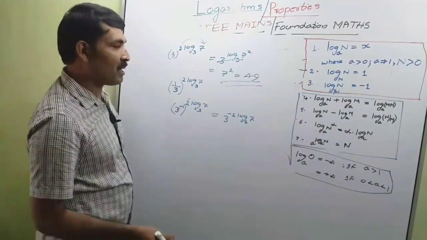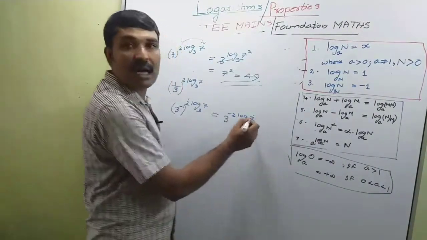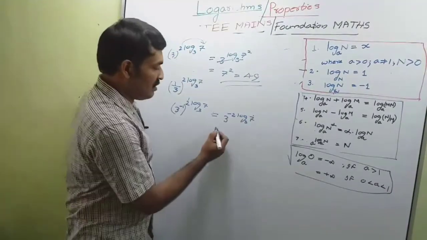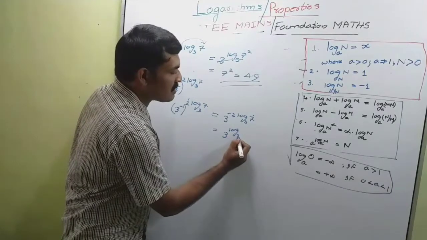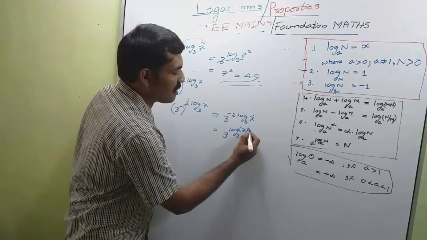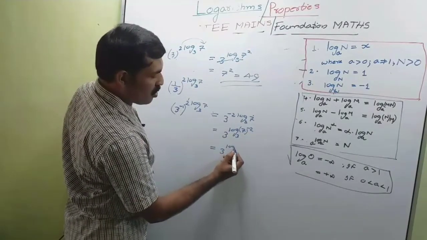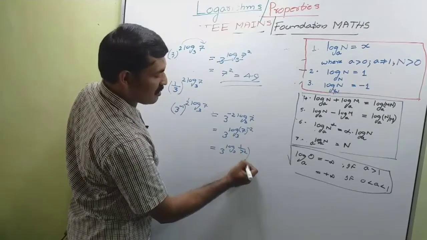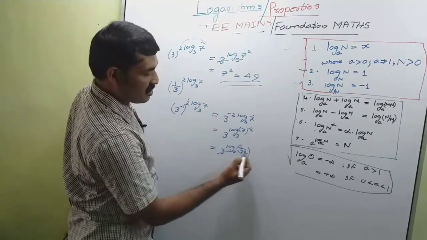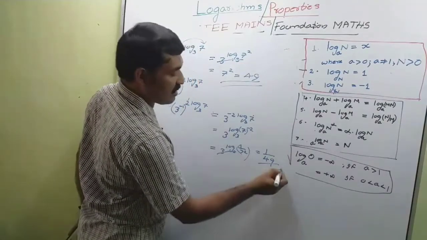Then using property 6, this minus 2 goes to the power of 7. This is equal to 3 raised to log base 3 of 7 raised to minus 2, or 3 raised to log base 3 of 1 by 7 square. And this 3 and 3 get cancelled. This is equal to 1 by 7 square, that is 1 by 49 is the answer.